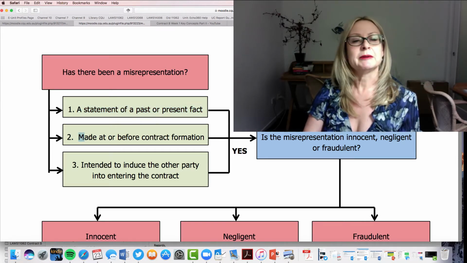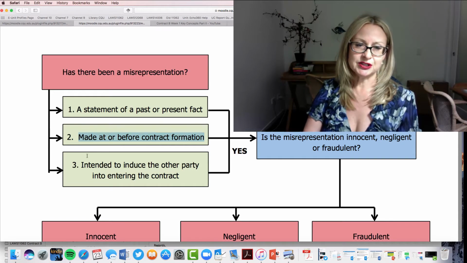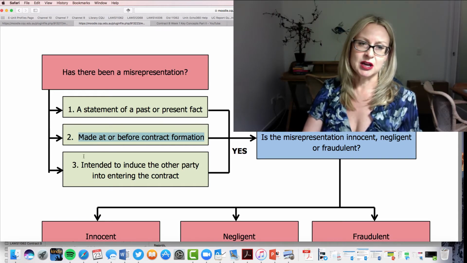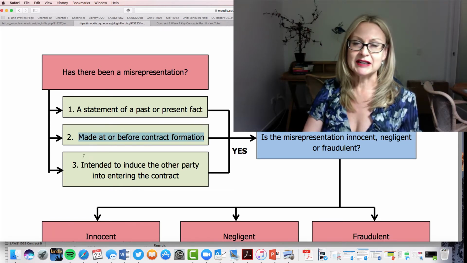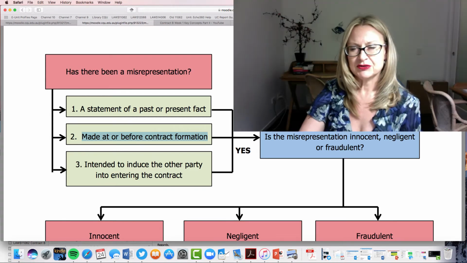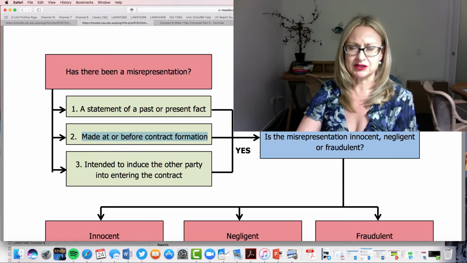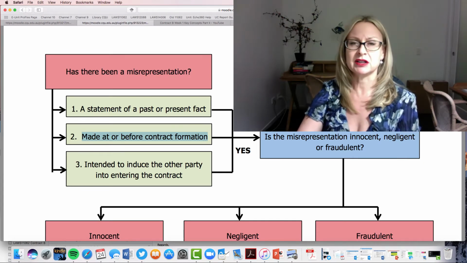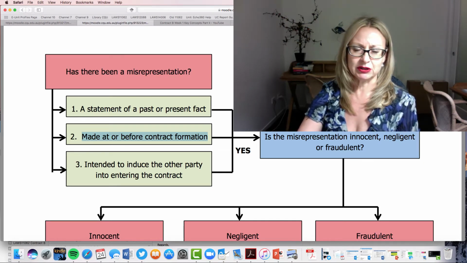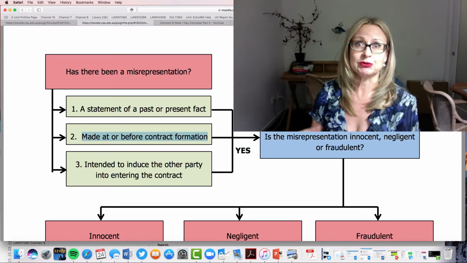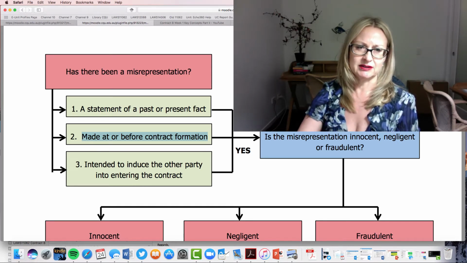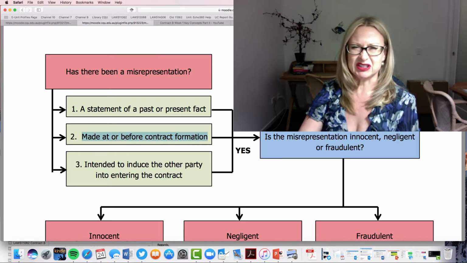The next element that Anthony's got down here for us is that the misrepresentation must have been made at or before contract formation. This really just makes sense, doesn't it? Because if you're going to be complaining about a statement that was made to you in order to get you to agree to the contract, then the statement's going to have to be made either before you've contracted or at the time of contracting. So that really just makes sense.